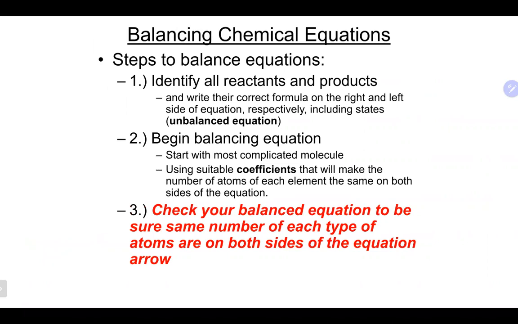But basically, first off, if you happen to be given everything in words, you want to make sure that you start out with the correct formula. So with naming and nomenclature, you want to start out with the correct formula first, and then balance it.